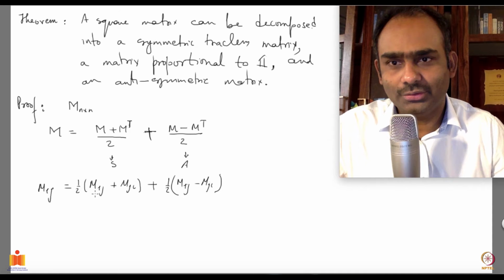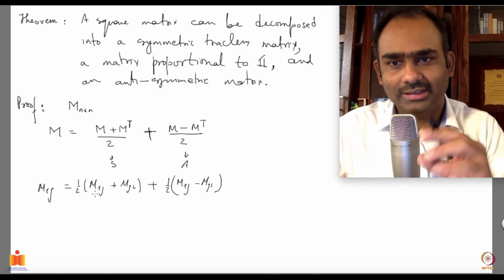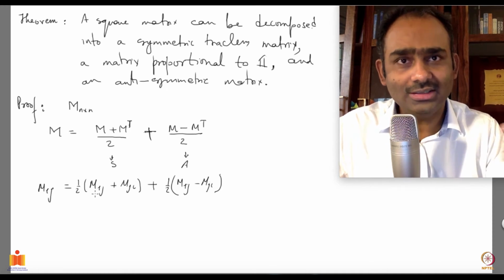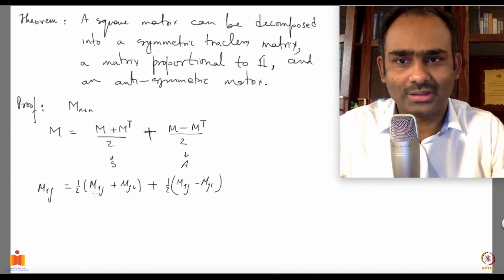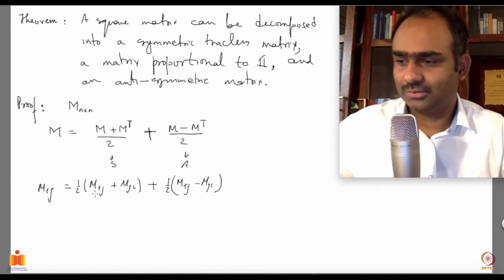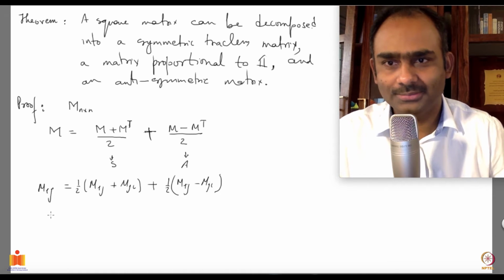And what will be useful is to take out a matrix which is proportional to identity, of course, and the proportionality factor is the trace of M. Okay, so that's what we want to do. So let's have a look at it.